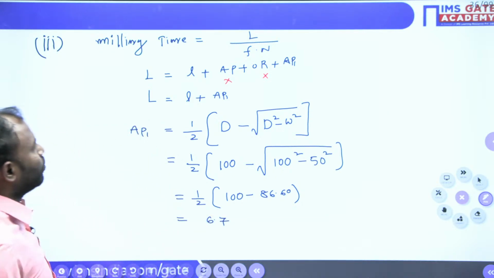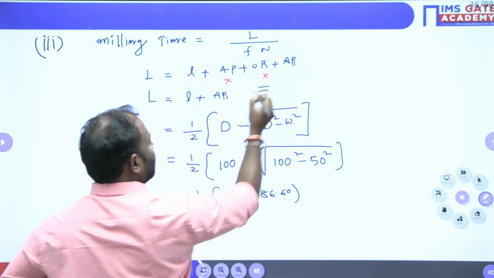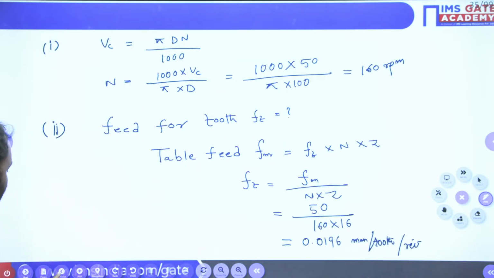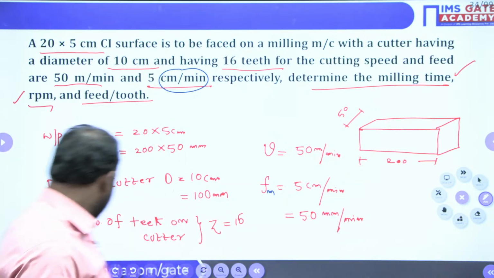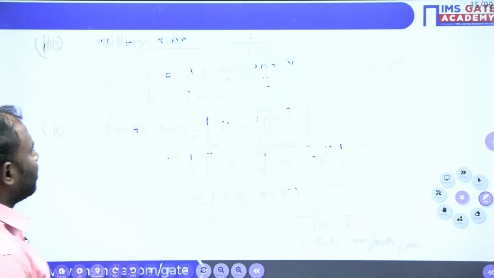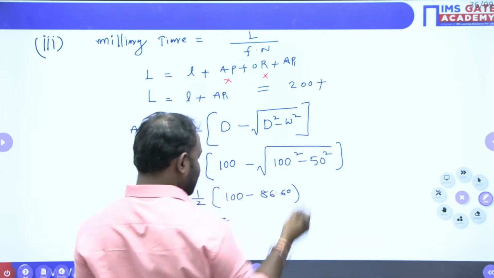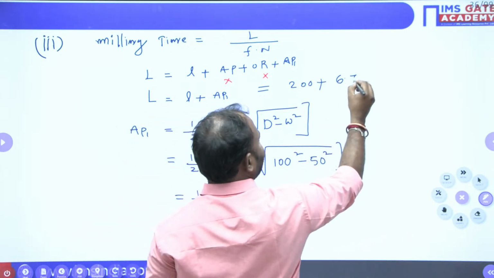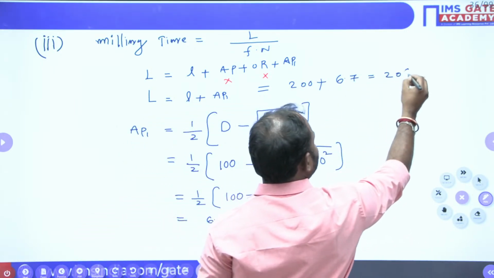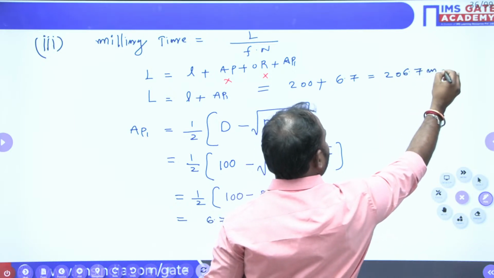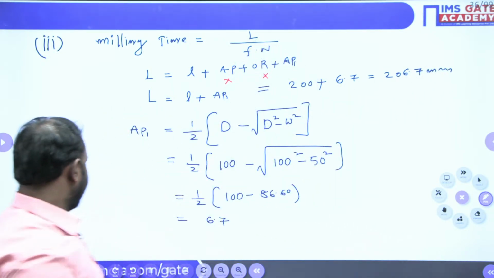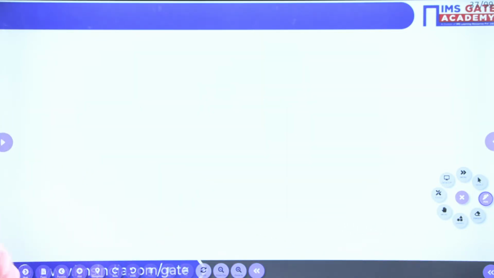Now the length of the tool travel: length of the job is how much, guys? Length of the job is 200, right? So 200 plus 6.7 equals 206.7 mm. Now L we know, F we know, and we substitute.